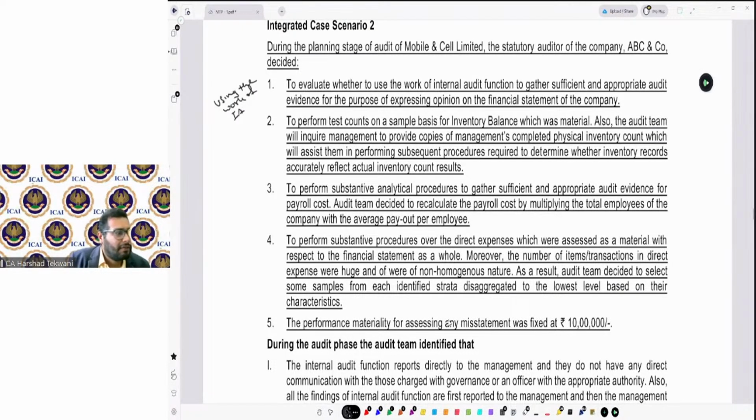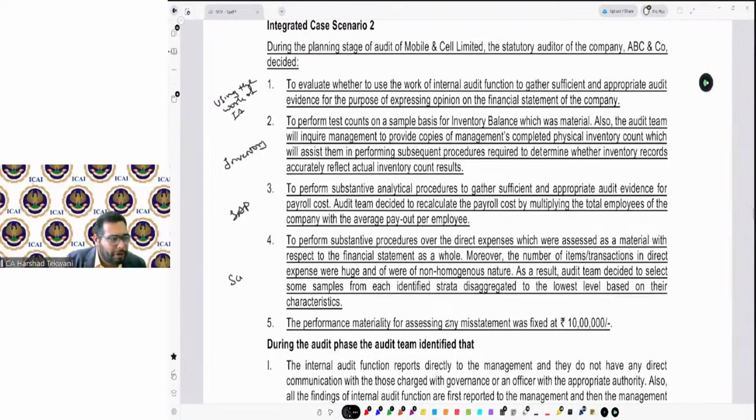Second paragraph is with respect to your inventory. Third, substantive analytical procedures. Again, fourth, substantive procedures over the direct expense, which were assessed as material, so they decided with respect to sampling.